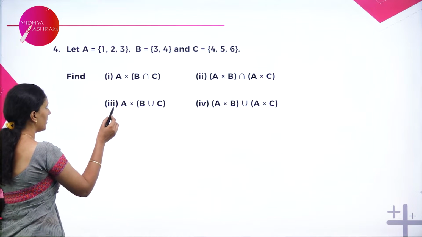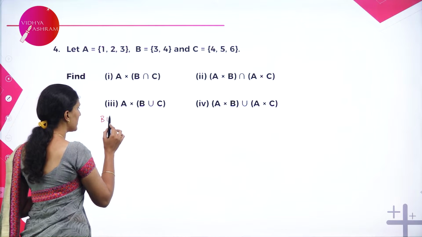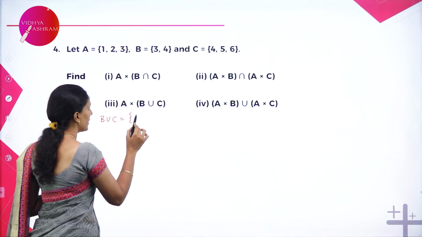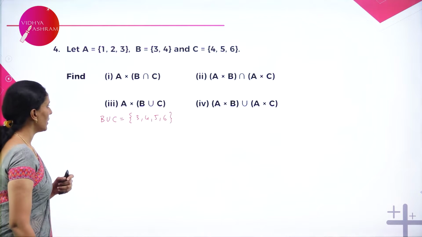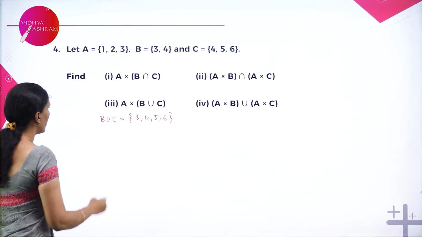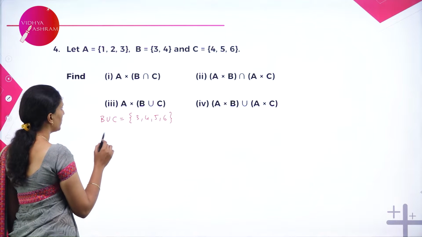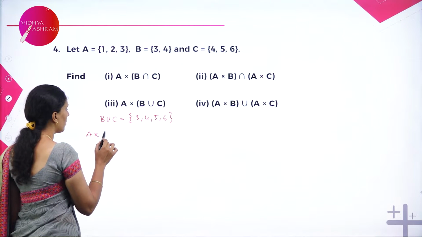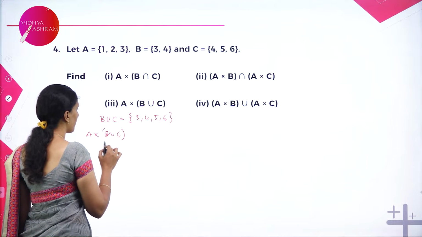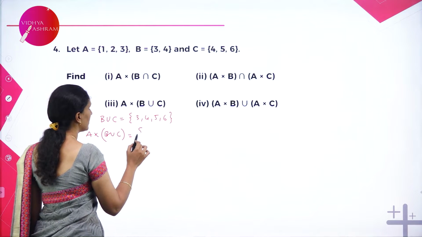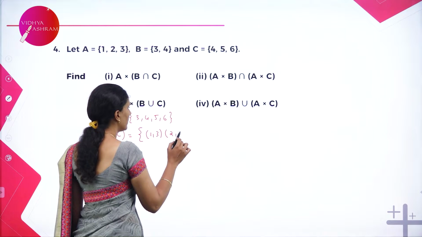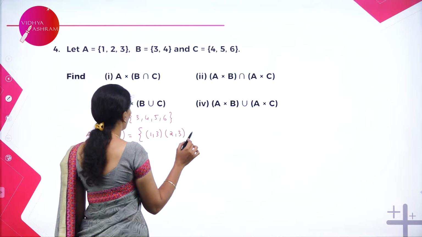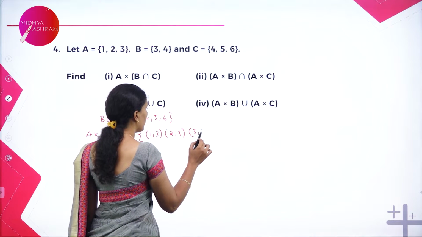Let us take the third one. Now, we need B union C first. B union C is {3, 4, 5, 6}. So, now A cross (B union C) we will get as (1, 3), (2, 3), (3, 3).